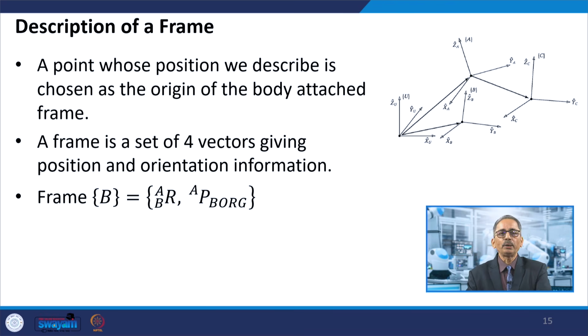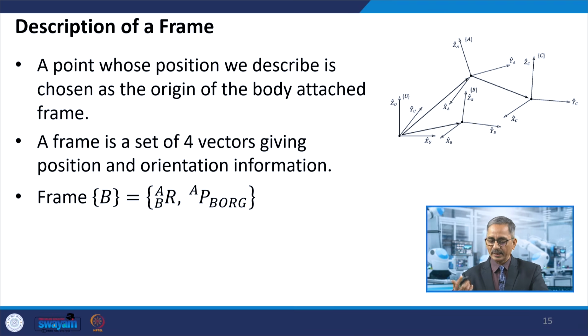So, we have seen the representation of orientation, and we have seen the representation of position. Now, what if I want to represent both position and orientation together? A point whose position we describe is chosen as the origin of the body frame attached to that body.